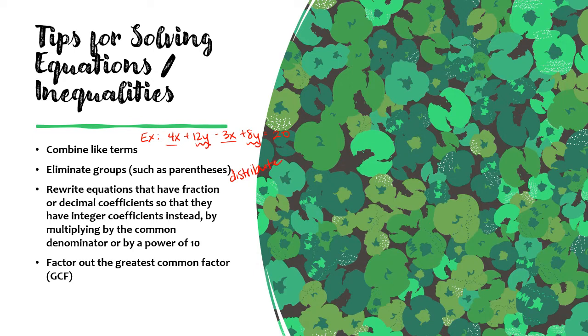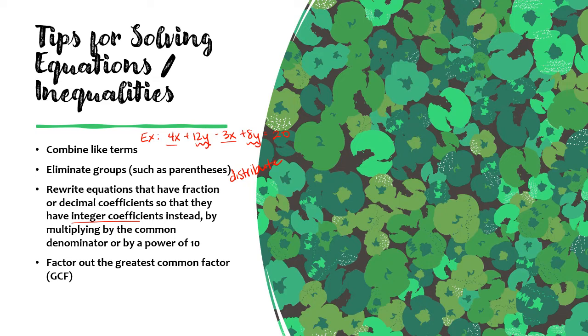Okay, the next tip is a little bit long-winded. This applies when we have coefficients in our equation that are fractions or that are decimals. We want to attempt to rewrite those equations so that instead they have integer, whole number, coefficients so that we can work with them more easily.